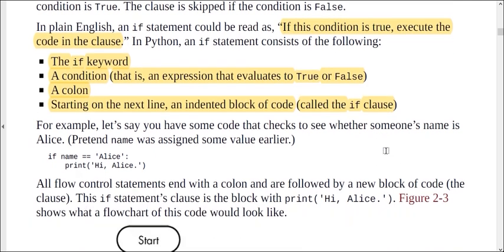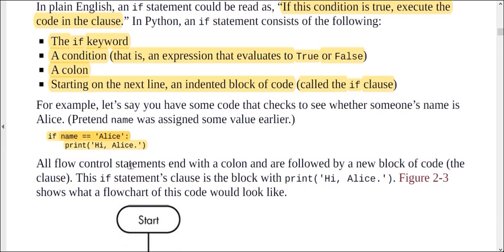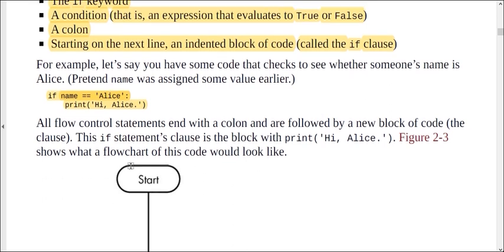For example, this is an if statement: if name equals Alice, followed by a colon, then on the next line the clause will start, which here is the print statement. It says hi Alice.